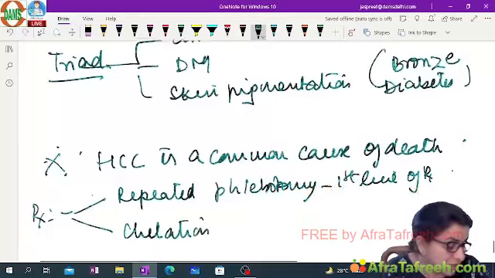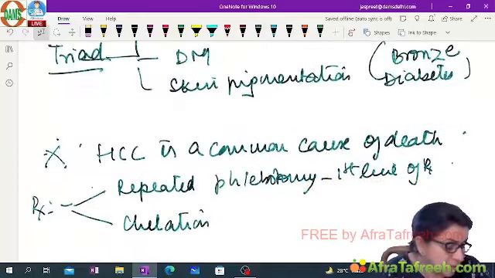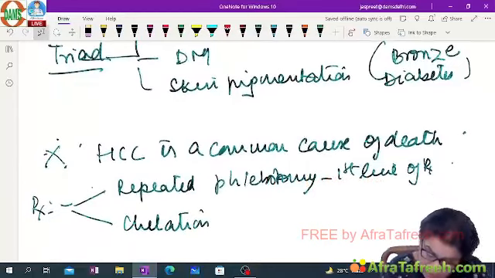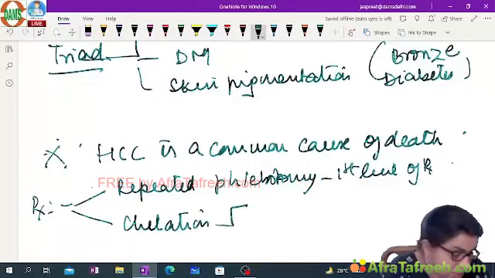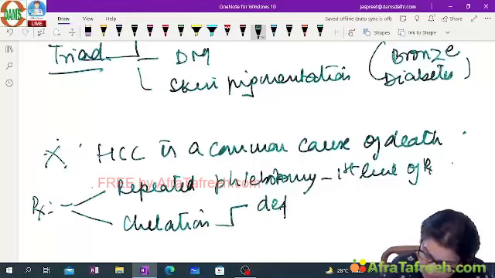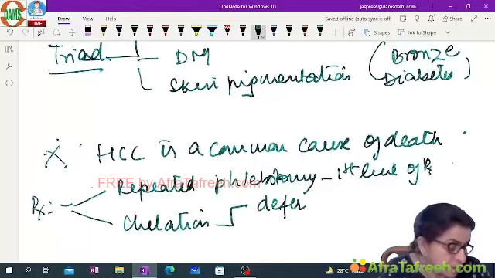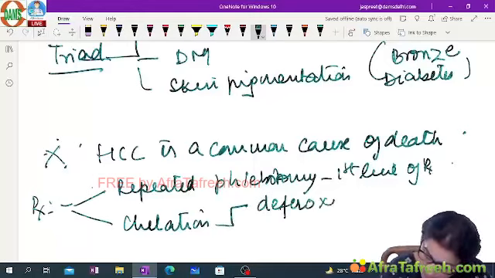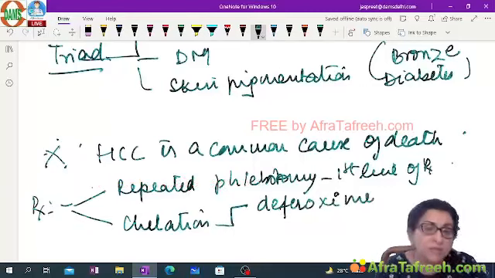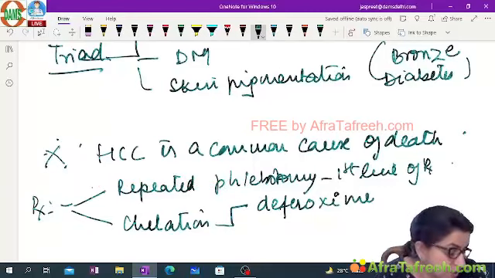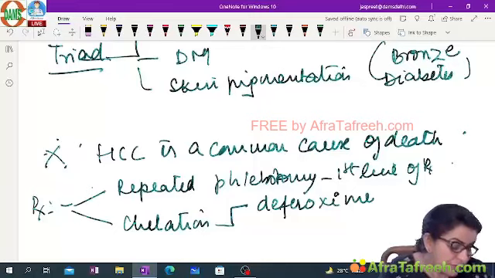Iron chelating agents with drugs like deferoxamine. So one of the chelating agents is deferoxamine or deferasirox.